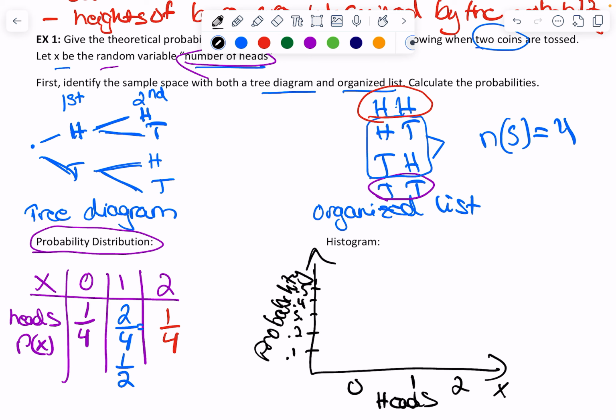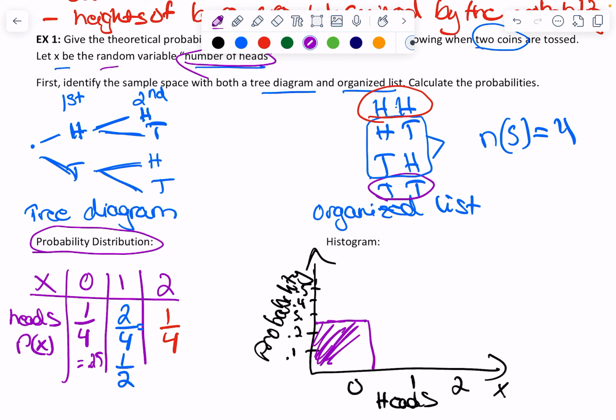Okay, let's graph the 0 heads first. I need to make sure that it's the same width. That is 1/4, which is the same thing as 0.25. So it's somewhere here.